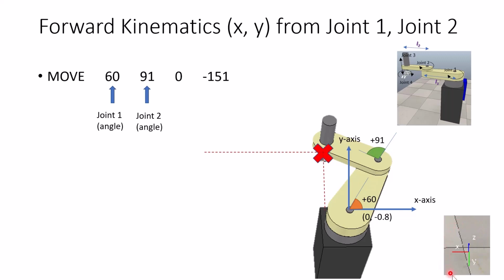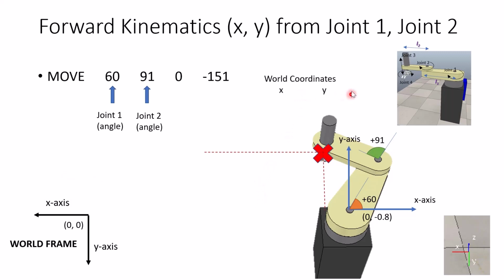And if we go through again, the world coordinates are as shown on the bottom right of the scene, and that means the world frame is over here, and we have world coordinates previously found out to be minus 0.6832 and y coordinate of minus 0.5986.